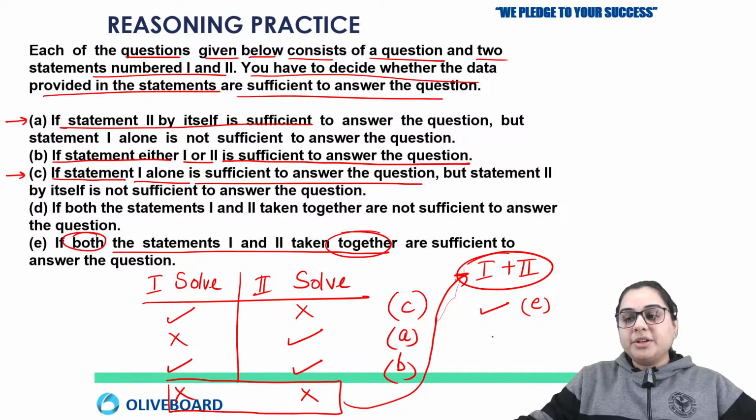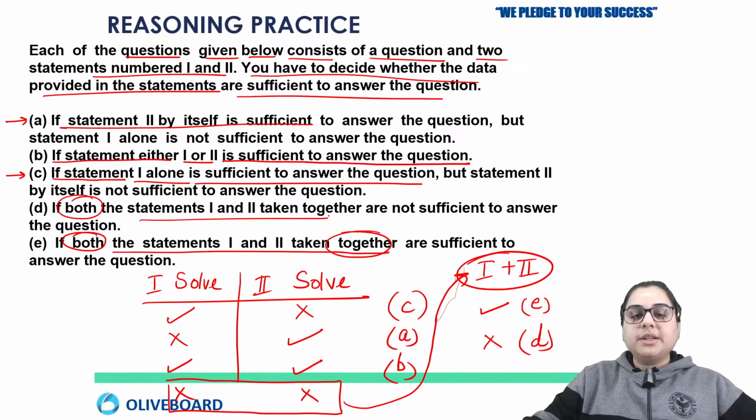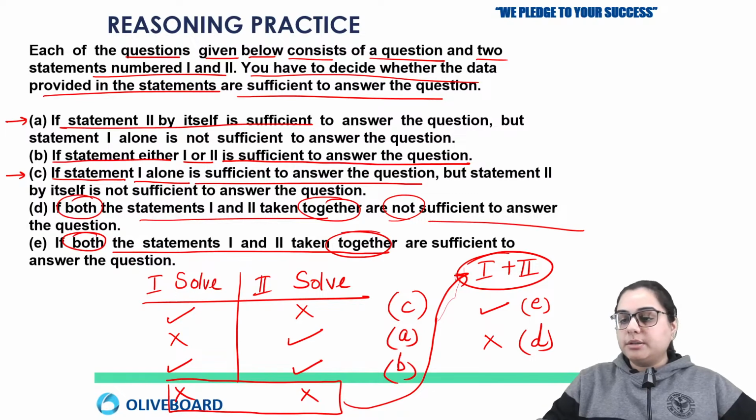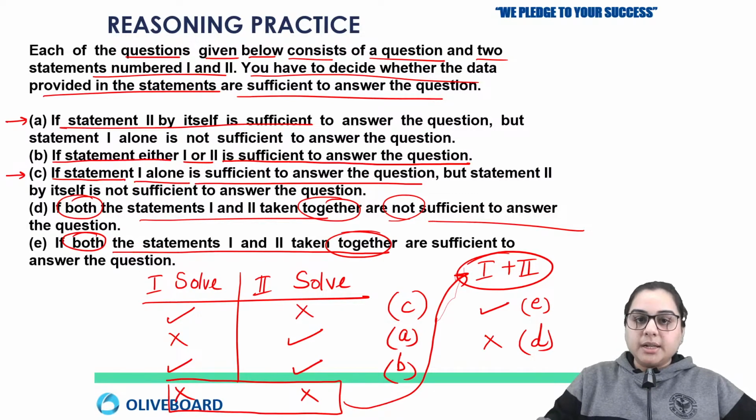But even if after merging you are not able to get your answer, then your answer will be option number D, which says both the statements 1 and 2 together are not sufficient to answer the question. So this is how you have to make a choice about the answer here.